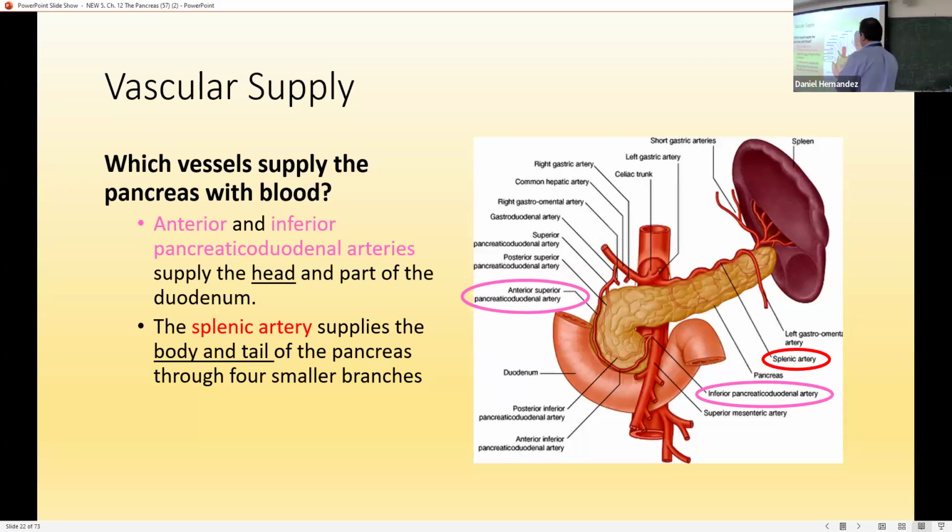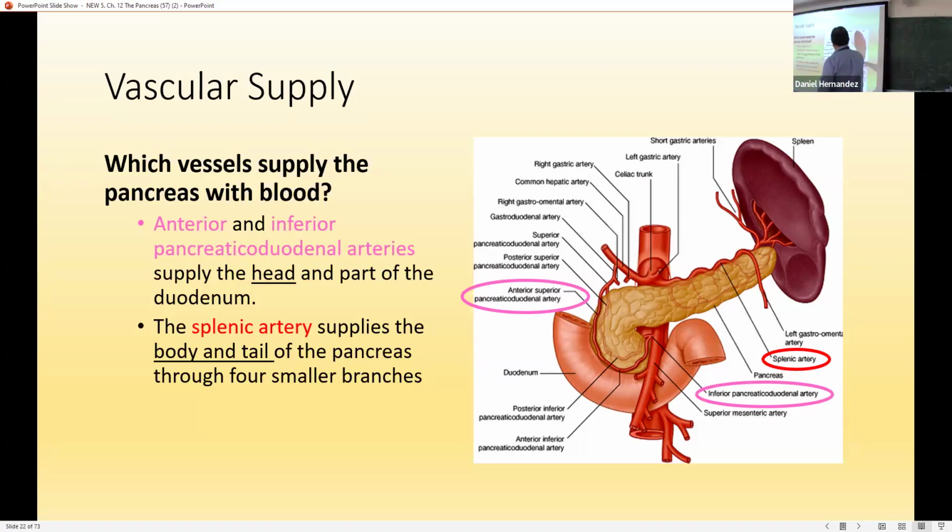The splenic artery supplies the body and tail with some small branches that course off. So again, we said that splenic artery creates that superior border, so it sits superior to the pancreas. Little branches come off and supply blood flow to the body and tail.